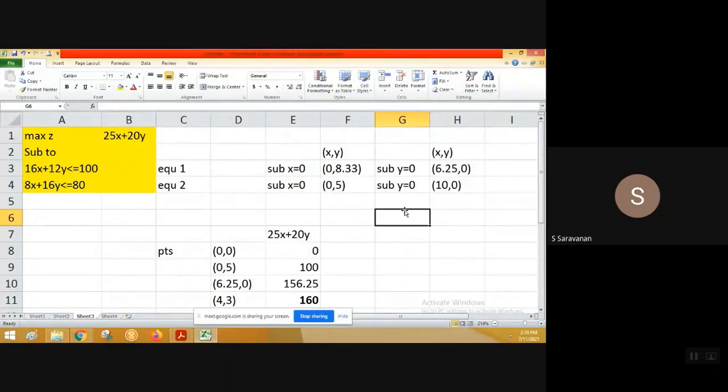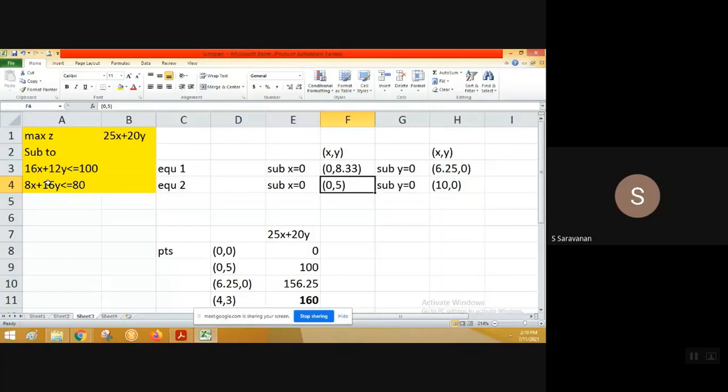In equation 2, you substitute x equal to 0. Then y equals 80 by 16, which you know is 5. So 0 comma 5. Then in the same equation, instead of substituting x equal to 0, substitute y equal to 0.